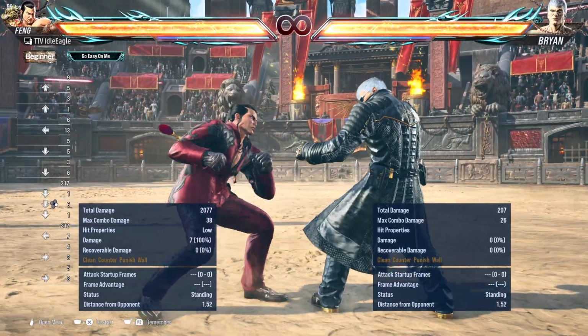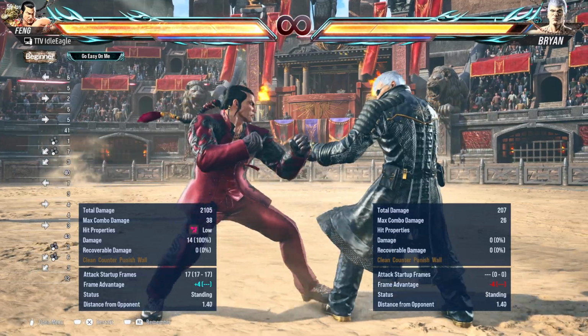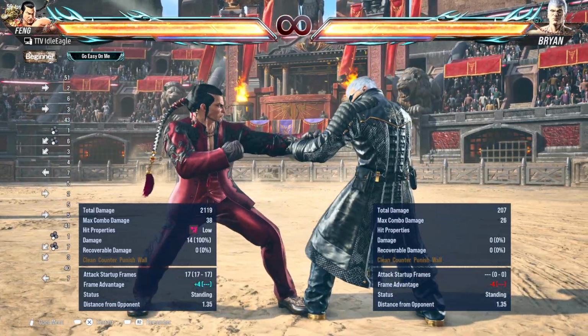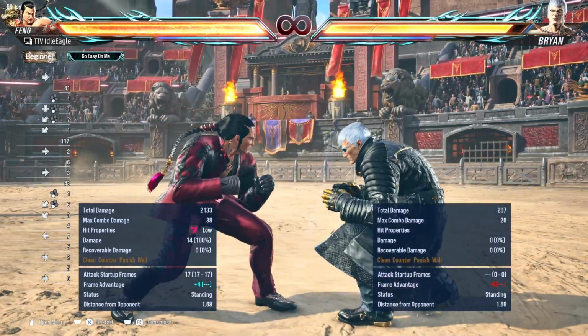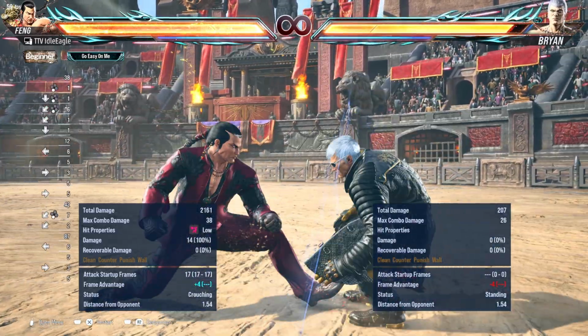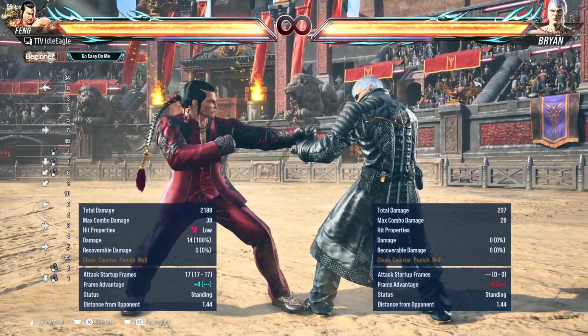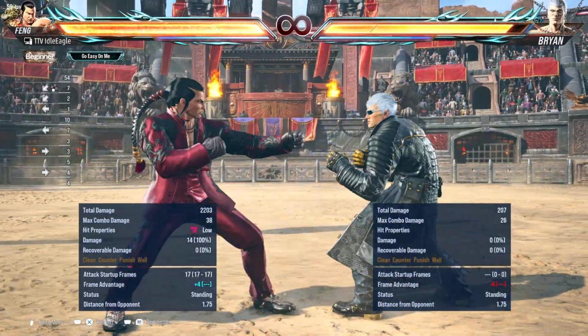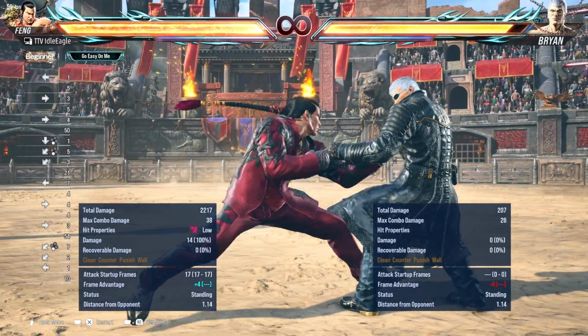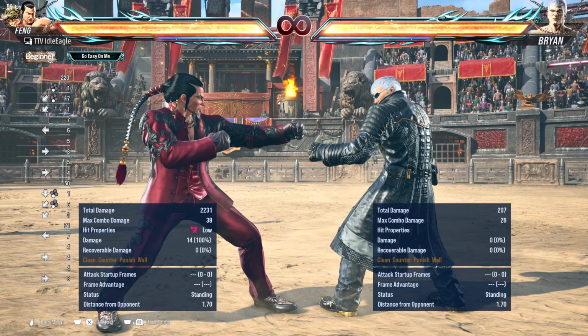Just be careful, because if it's a very committing low, where if it gets blocked they get launched, then it probably is plus. Also, you can look at your own character's animation for a little hint on whether you are plus or negative. Although that's very tricky to do, especially in game.